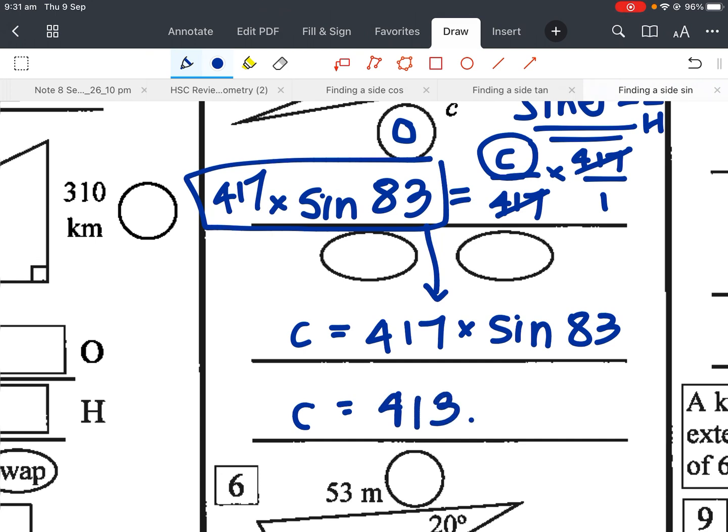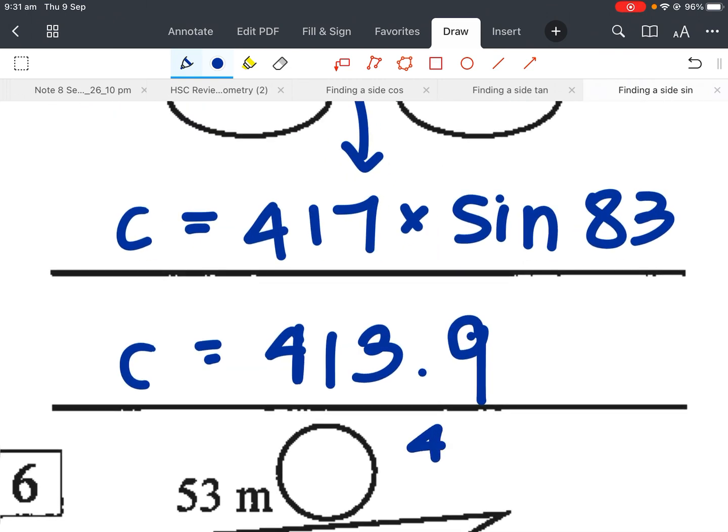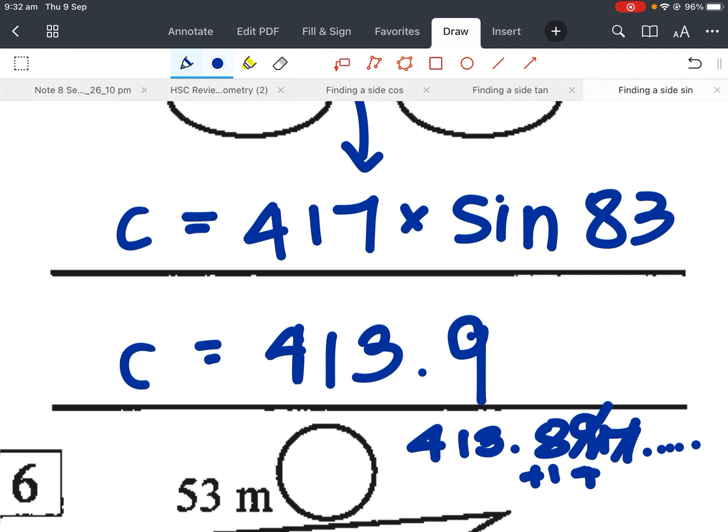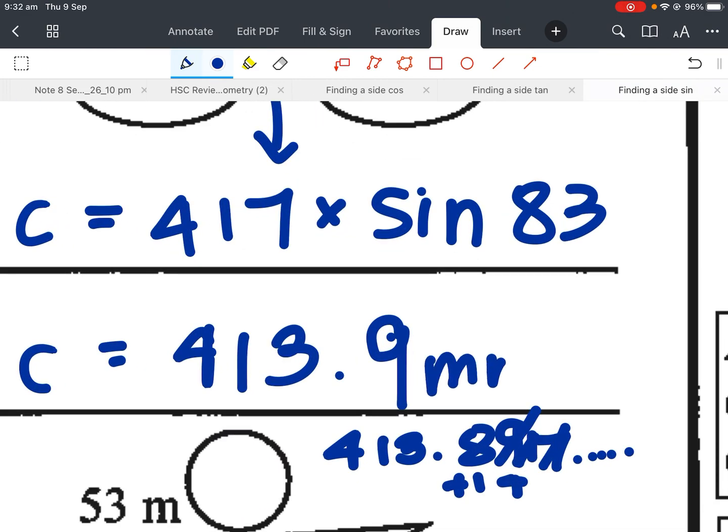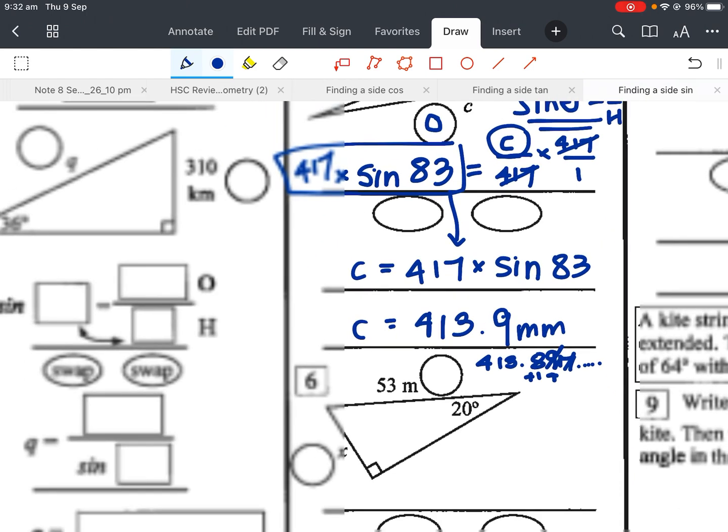Now, I believe we're doing it to one decimal place like before, so it's 89, so my second number is a 9, so that means I have to round the 8 up to a 9, so I'll write that down there for you. 413.8917 was the decimal I got. Since that's a 9, and I've got to round it to one decimal place, that means I'm going to add 1 to the 8. Now my units are in millimetres, so I'm going to put millimetres.